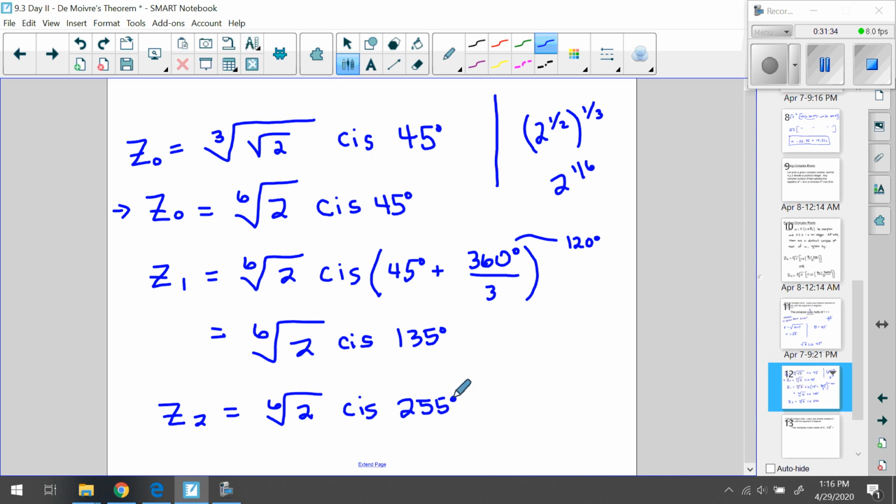There's one thing you can do if you're ever worried about whether your answer is correct. If you take this 120 that we just found and add it to 255, it should take you back to 45.